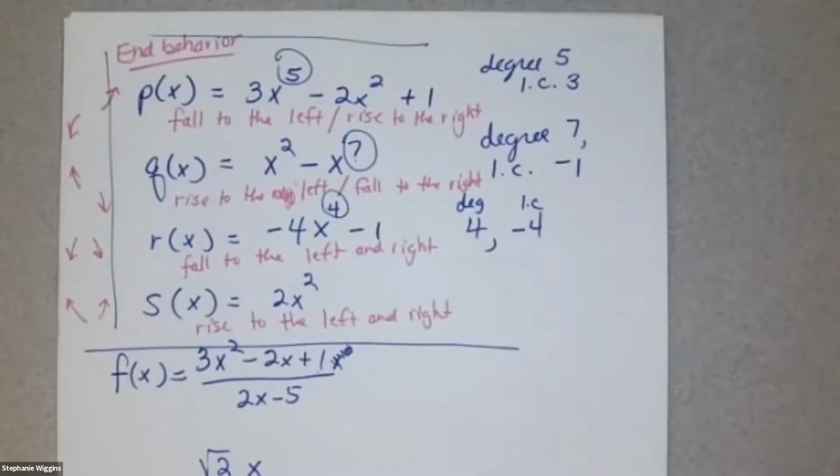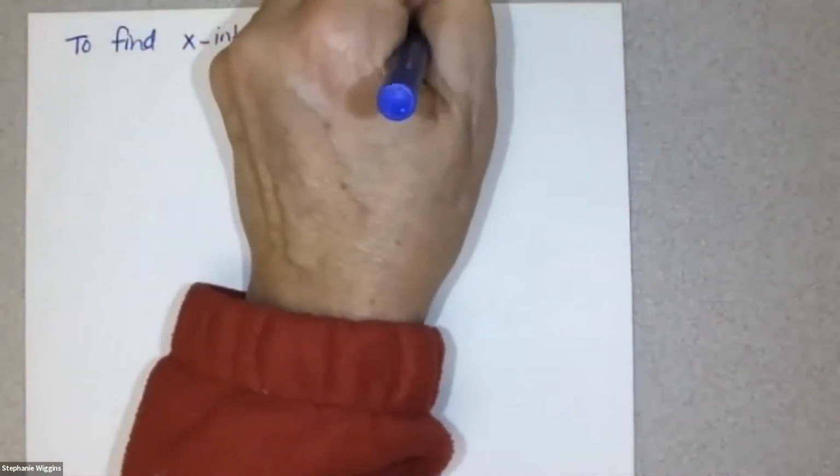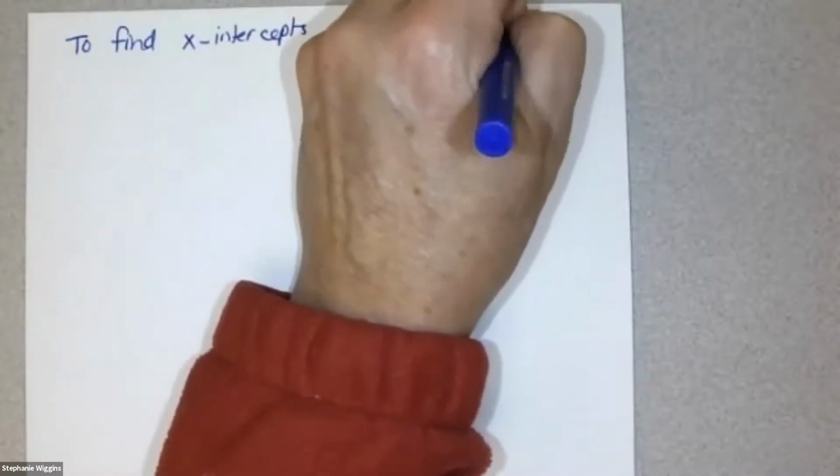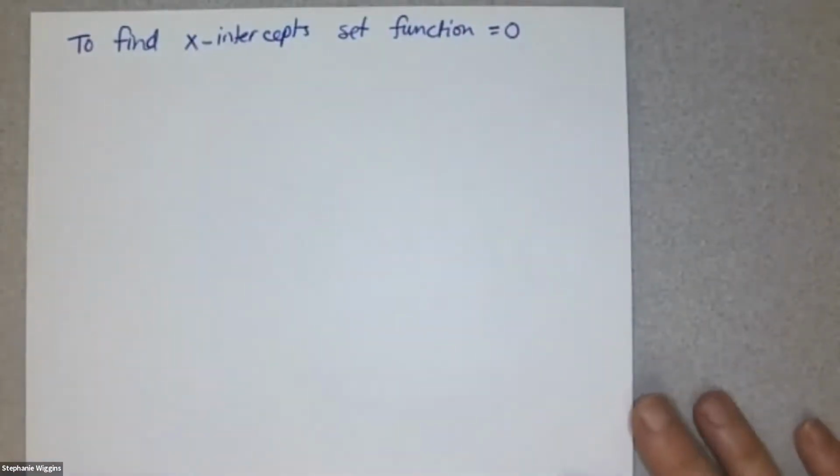I want to talk about finding x-intercepts, okay, and y-intercepts. You need to be able to find x and y-intercepts for a polynomial and for a rational function, okay? So, to find x-intercepts, you set your function equal to 0.